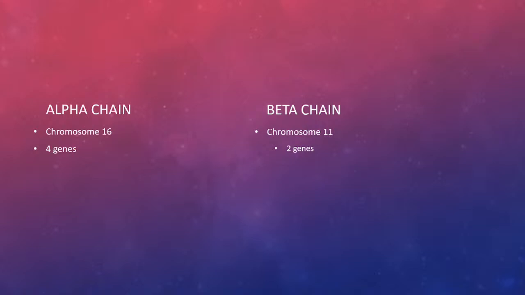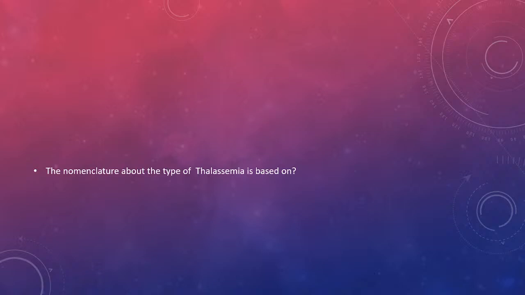Beta chains have 2 genes. So what do I mean by 4 genes and 2 genes? Basically, there are 4 codes in chromosome 16 that will produce alpha chains, and there are only 2 codes in chromosome 11 that will produce beta chains. So please be mindful of that one.